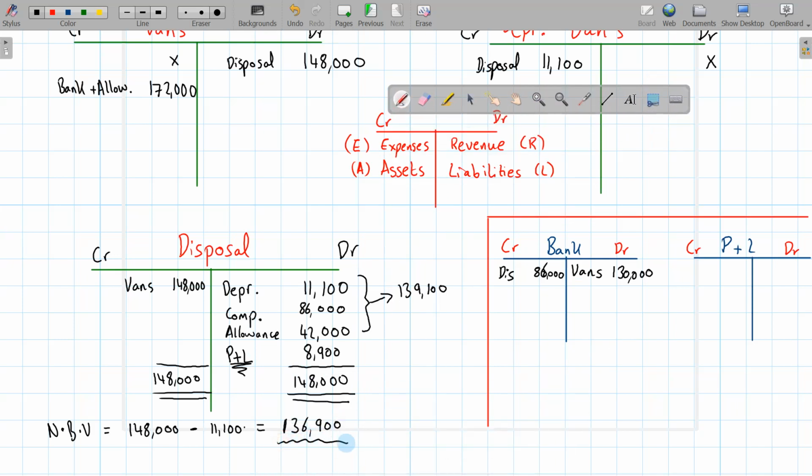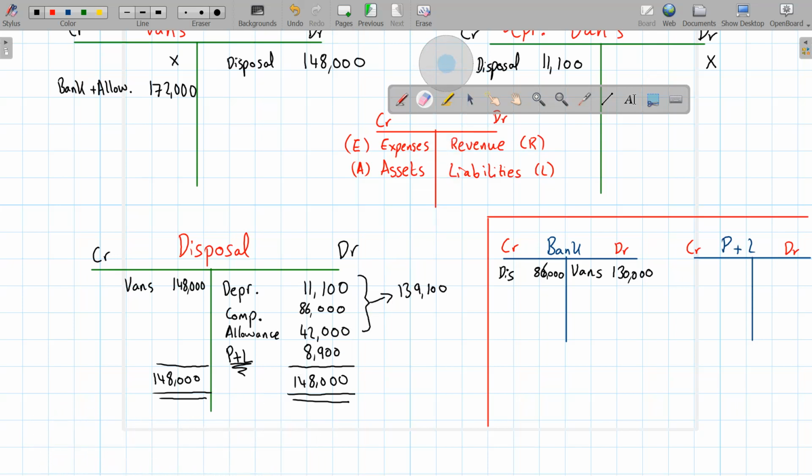Okay, that's the net book value, but we only received 86,000 plus 42,000 between our compensation and our allowance, which is only 128,000. Okay, so this is what we got for getting rid of the van. We got a compensation because of the incident, and we got a trade in, the 42,000. So they're positive effects, but the van was truly worth 136,900. Its net book value was that amount, so we've lost money there. So that's a way of thinking about it as well.